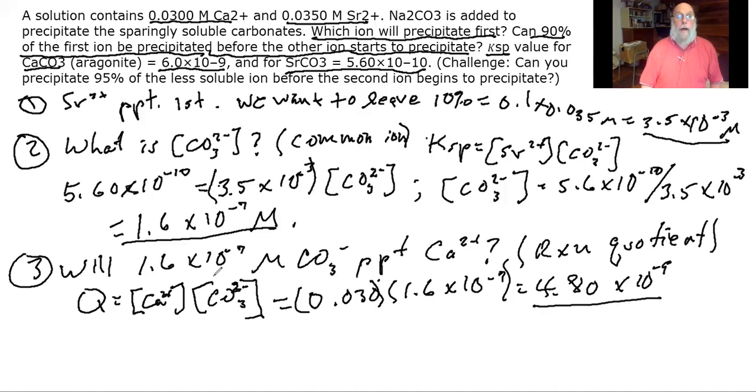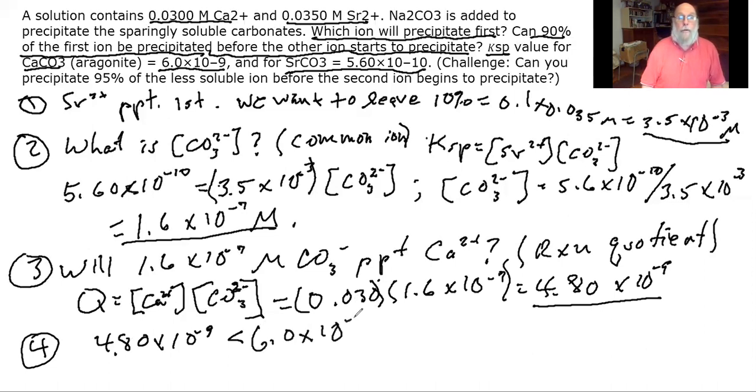Now, let's compare that to the K, and the K value is 6.0 times 10 to the minus 9. So we say Q, 4.8 times 10 to the minus 9, is only slightly less than the 6.0 times 10 to the minus 9.